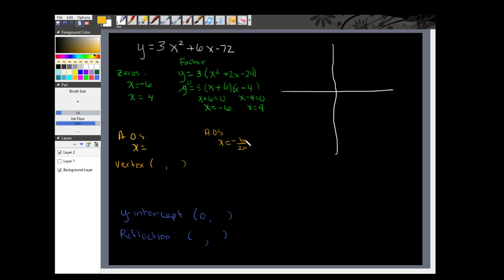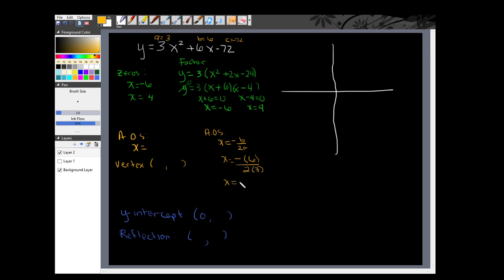But if you have fractions or decimals, this is usually the way to go. So I say x equals negative. Oh, I need to know my a and b value. So if I come here, my a we discussed already is 3. My b is 6, and my c is negative 72. So when I plug in negative b, I have negative 6, over 2 times my a value, which is 3.